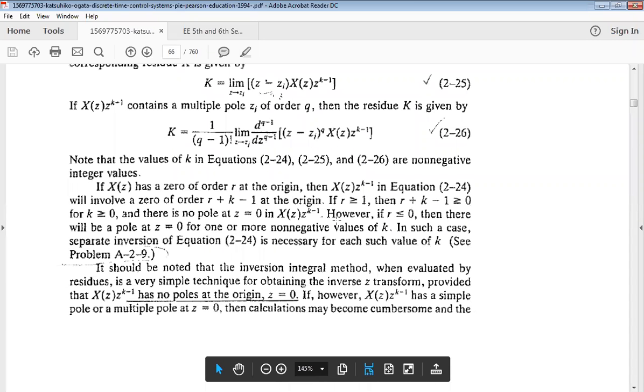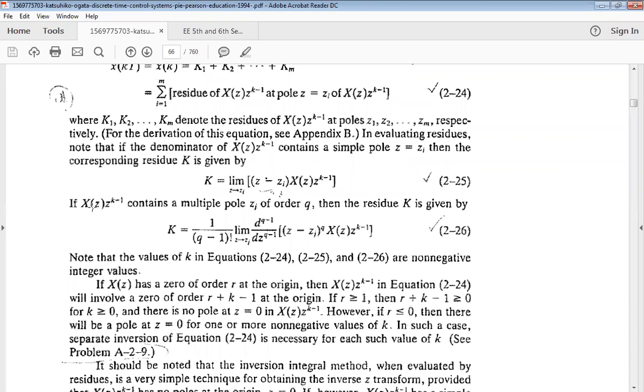If X(z) z^(k-1) contains a multiple pole at z_i of order q, then the residue is given by the formula: 1 by (q-1) factorial, limit z tends to z_i, the (q-1)th derivative of (z - z_i)^q X(z) z^(k-1).